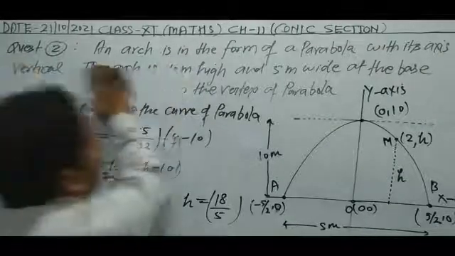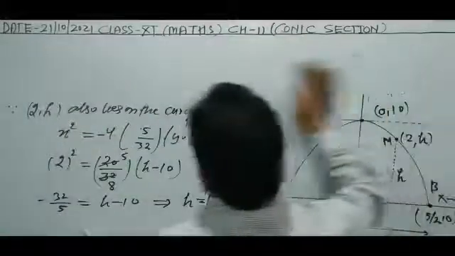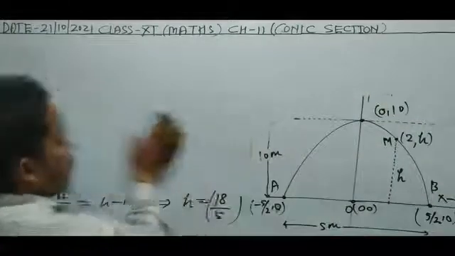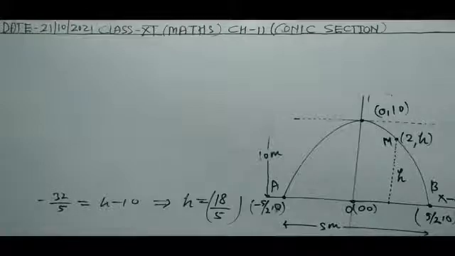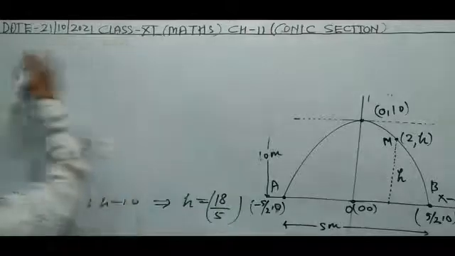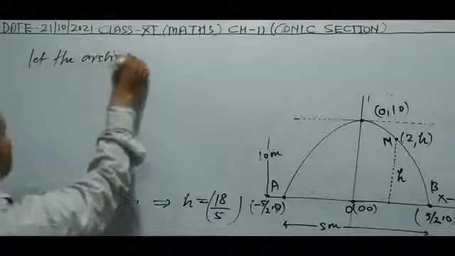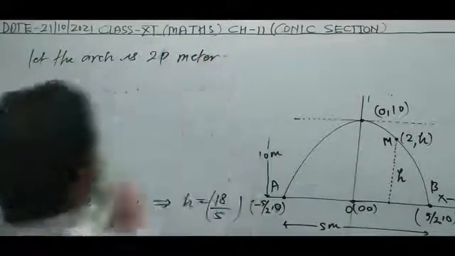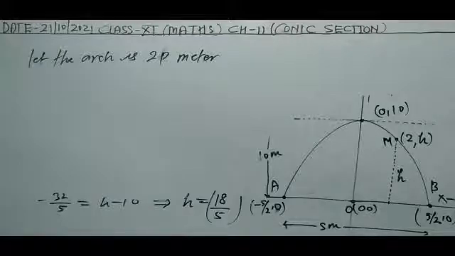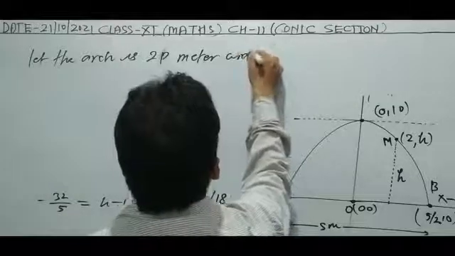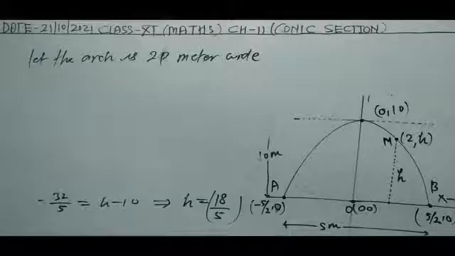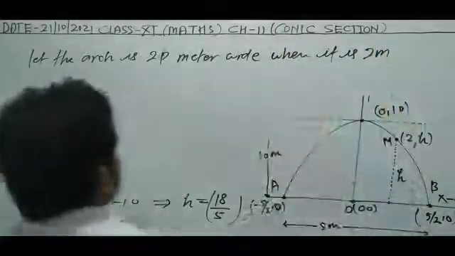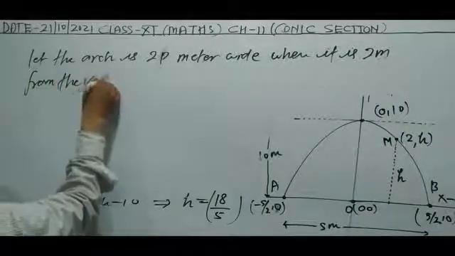Now you will see, we have considered that the arc is 2p meters wide when it is 2 meters from the vertex.